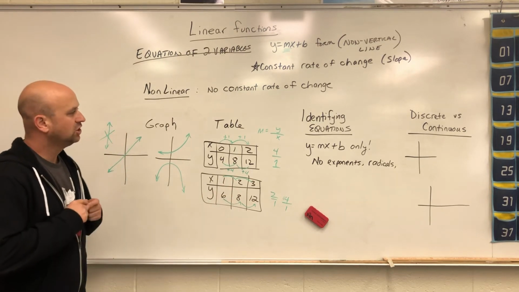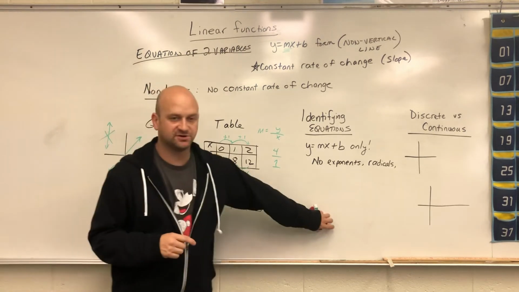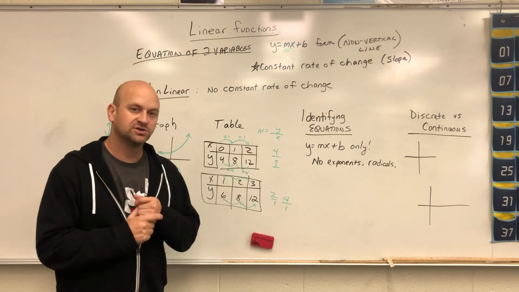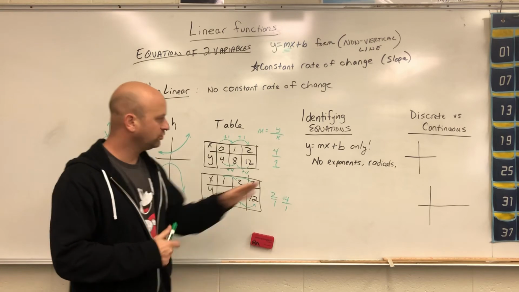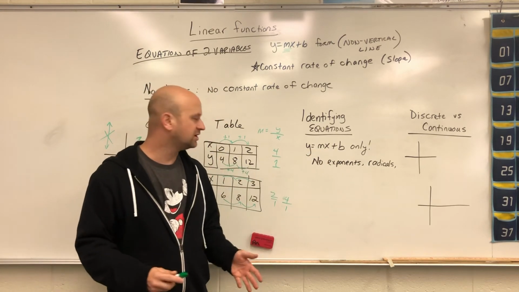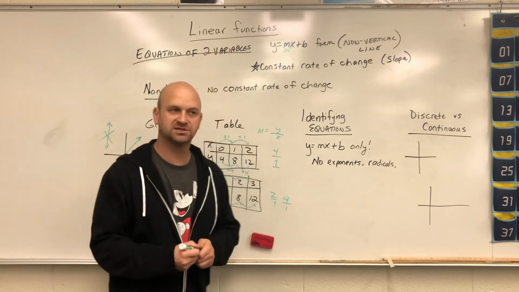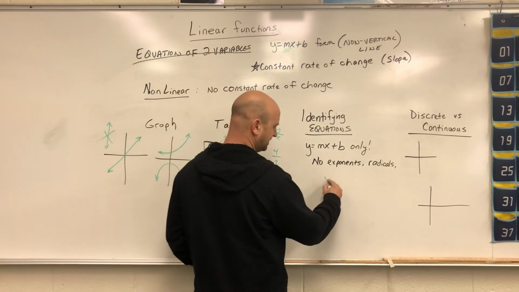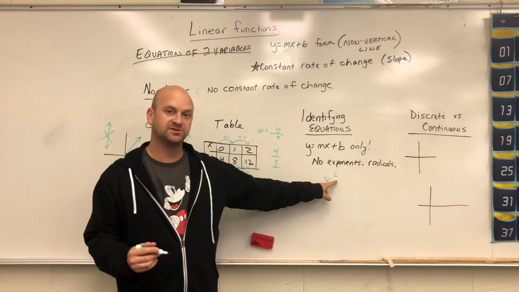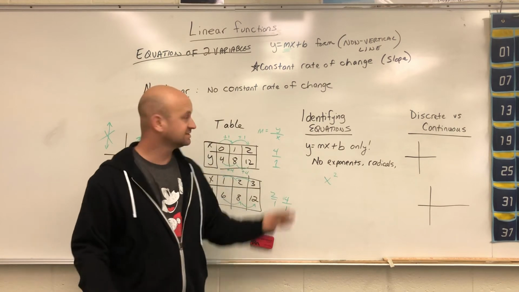Okay. Now, if we're identifying equations that are linear, here are a couple of hints for you. We want the form y equals mx plus b. That's really the only form we want. So we don't want anything with an exponent. If you ever see something like that in there, or any other exponent value, that's not a linear function.